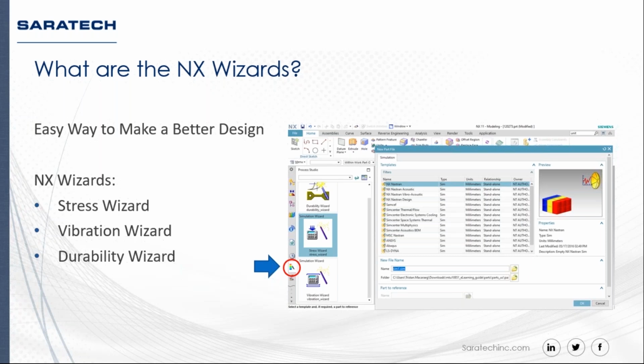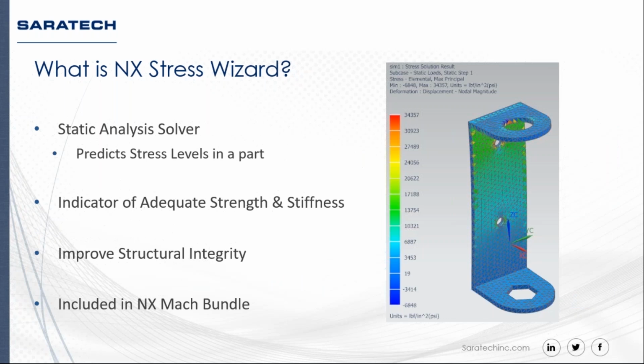So now that you know a little bit about the NX wizards in general, I'd like to talk about them in a little bit more detail. So first off, the most common and the most basic is the NX stress wizard. It is a static analysis solver or a linear statics solver, which helps predict stress levels in a part when applying certain loading conditions to them. It's an indicator of how strong that part is, and it can show you where the weak points are as well.